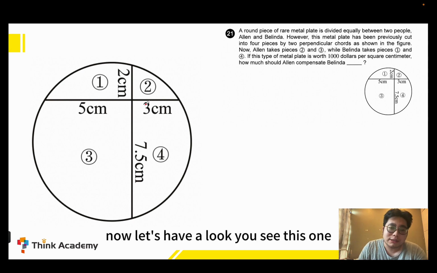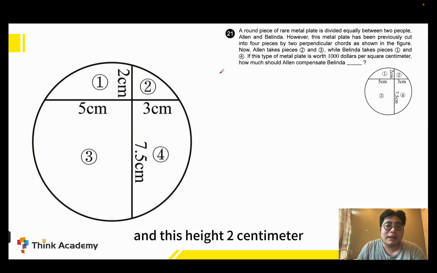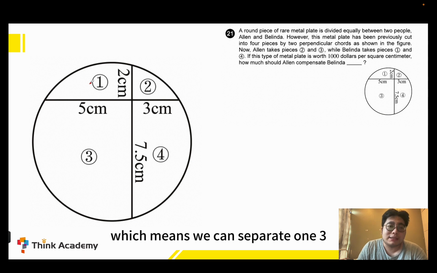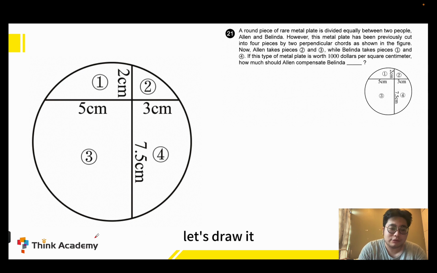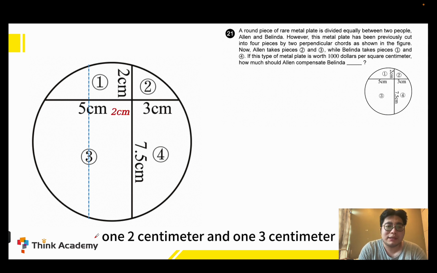You see this one is 3 centimeter, 5 centimeter, and this height is 2 centimeter, which means we can separate 3 centimeter from this line. Let's draw it. So we can see the 5 centimeter can be separated into 2 centimeter and 3 centimeter.